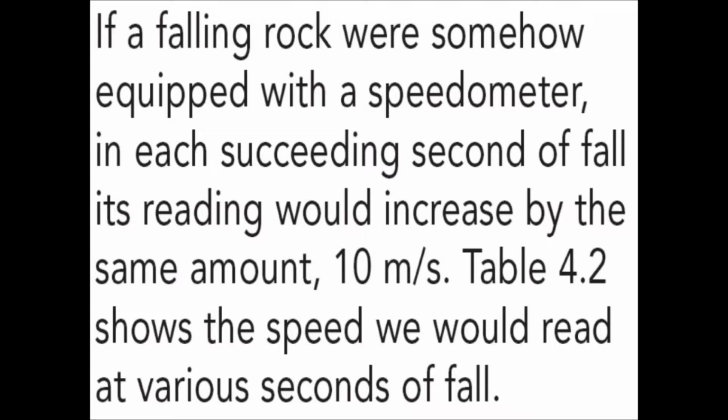Now, where does the 10 meters per second come from? The 10 meters per second actually comes from the fact that the acceleration due to gravity is 10 meters per second squared.